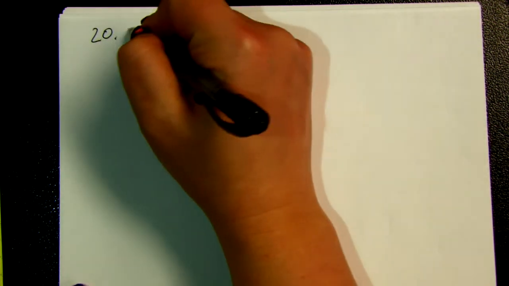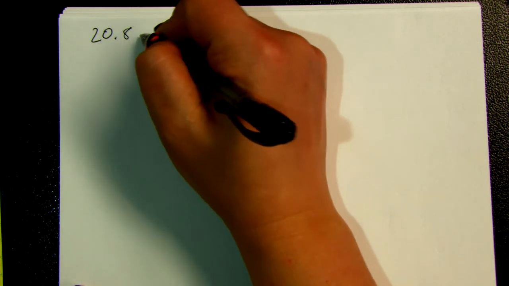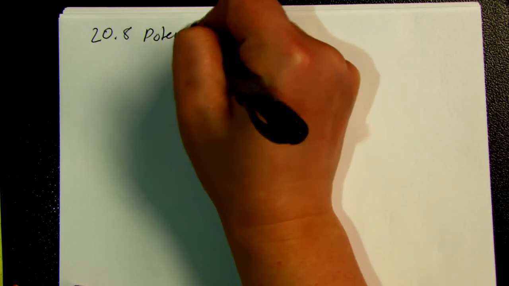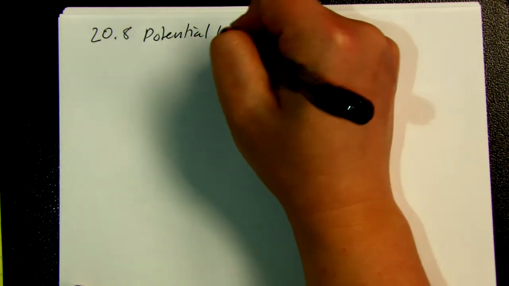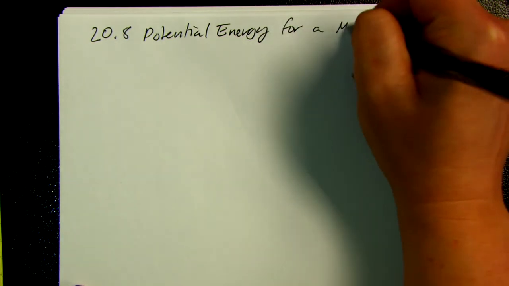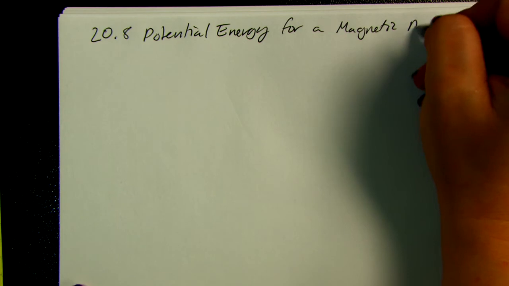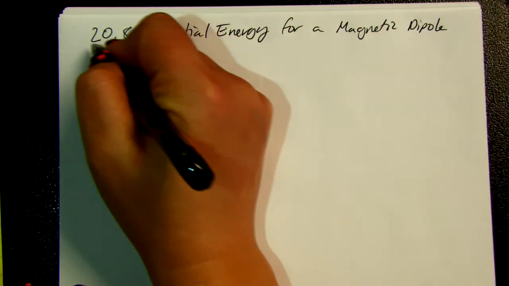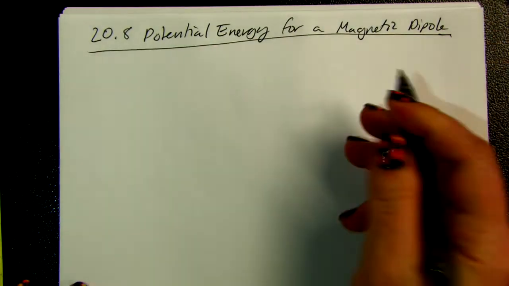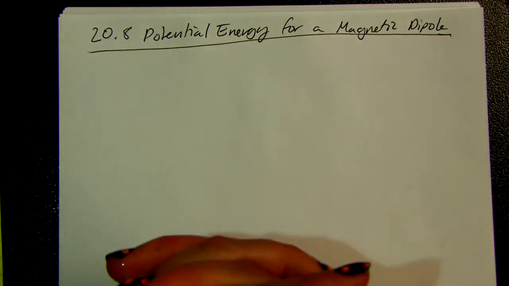So, and that is, of course, in matter and interaction. So we're going to look at potential energy for a magnetic dipole. What you're going to keep seeing in these next couple of chapters is that this is the part where we really start to bring all of these concepts together.